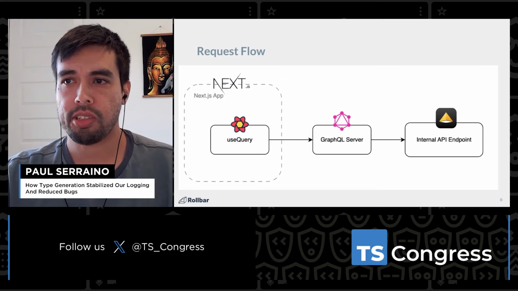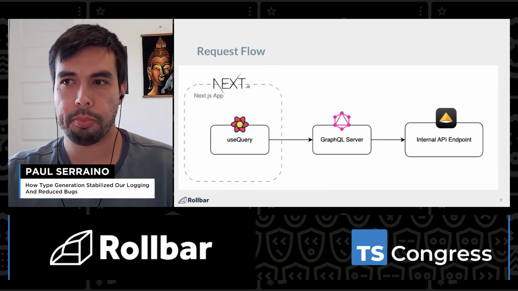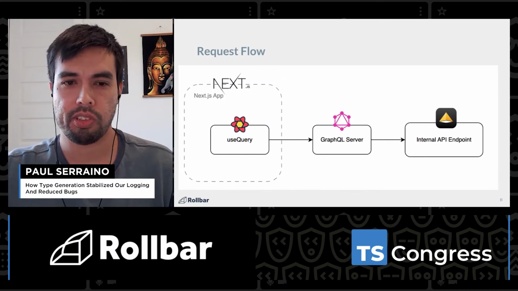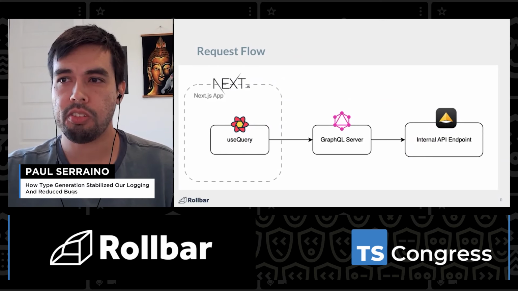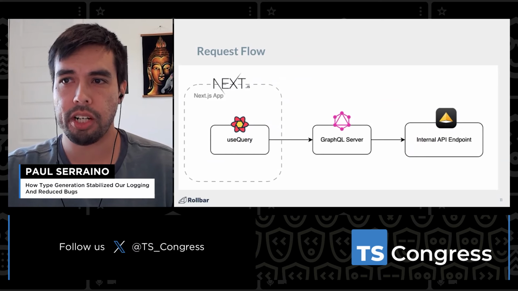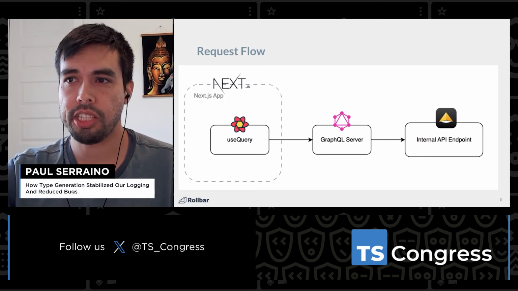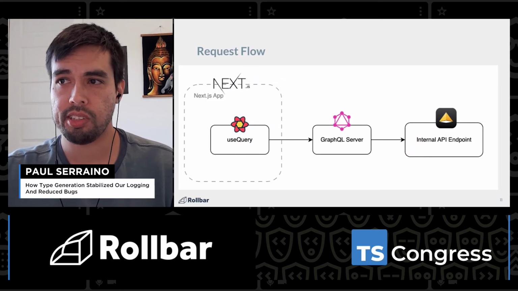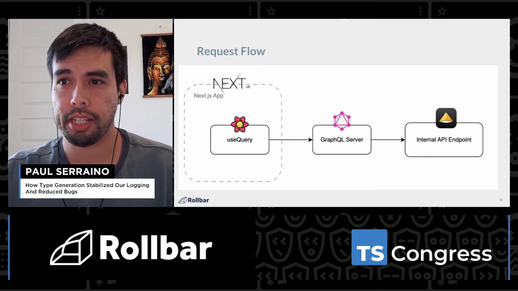The new tech stack that we're in the process of migrating to still uses parts of the monolithic application. We made those features from the monolith available through a number of internal API endpoints. The GraphQL server is essentially used as an API proxy that sits between our internal API and our front-end application.